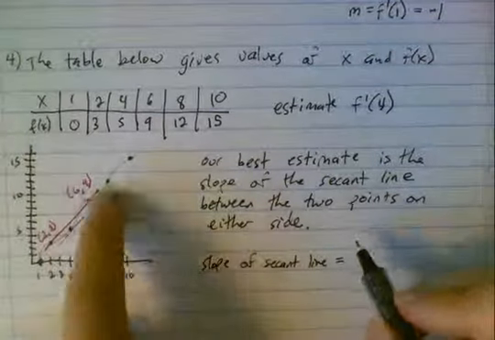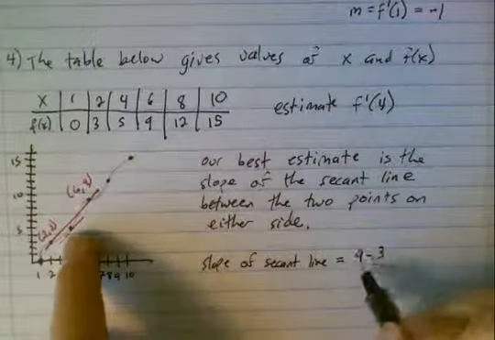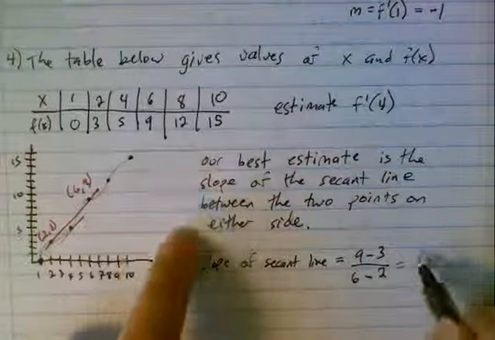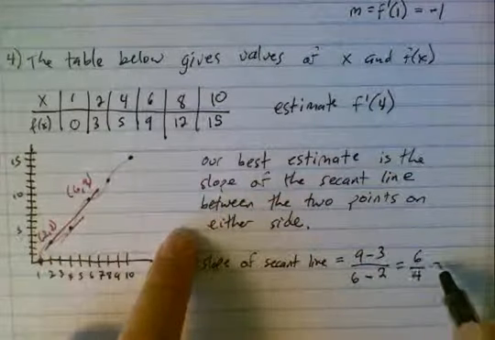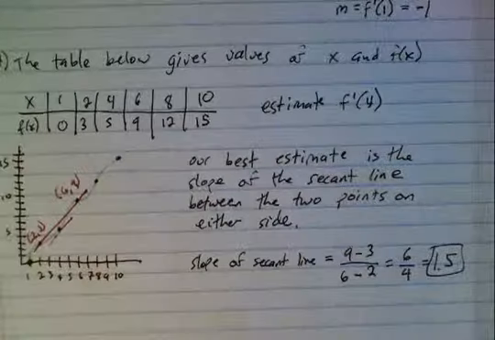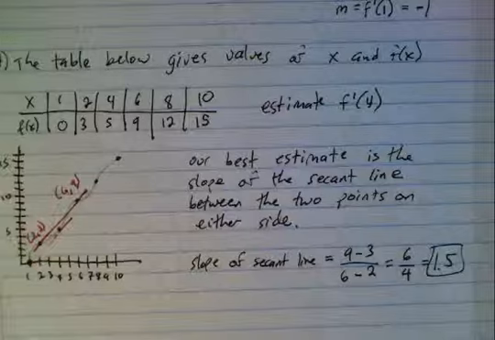So that's change in y, 9 minus 3, over change in x, 6 minus 2, which is 1.5.